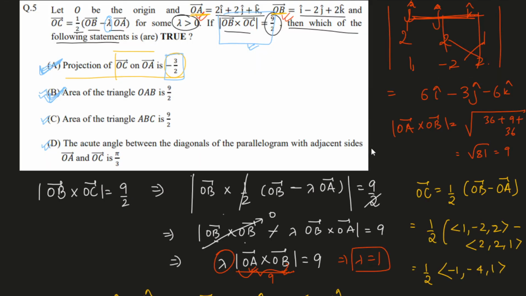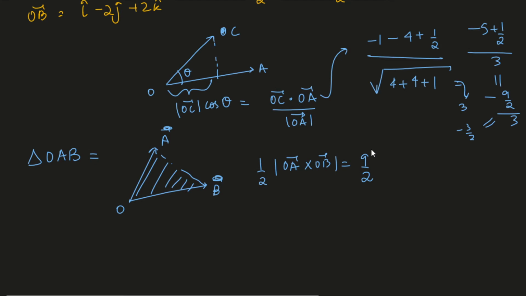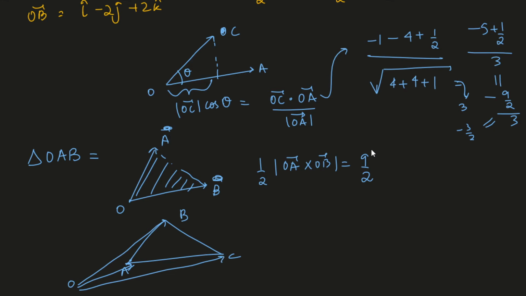The area of the triangle ABC, now this is a bit longer. So we have the triangle ABC this time. We know what OA is, we know what OB is, we know what OC is as well. So vector AB is just equal to OB minus OA.